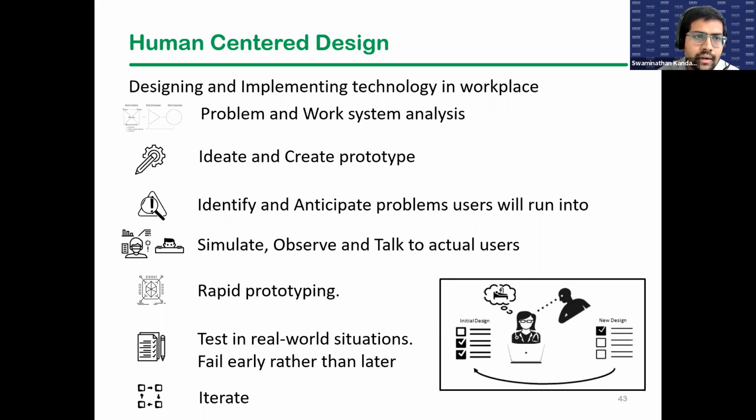And once we have a better understanding of who our users are and what their tasks are, then we want to create a prototype design that maps to the users and their tasks, and ensure that those goals are met. And once we do that, then we can adopt those guidelines and see if there are problems in our design, and anticipate if there are going to be any problems that users will run into, and change our design accordingly.